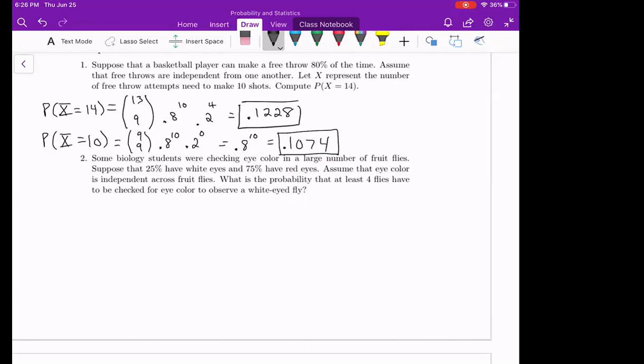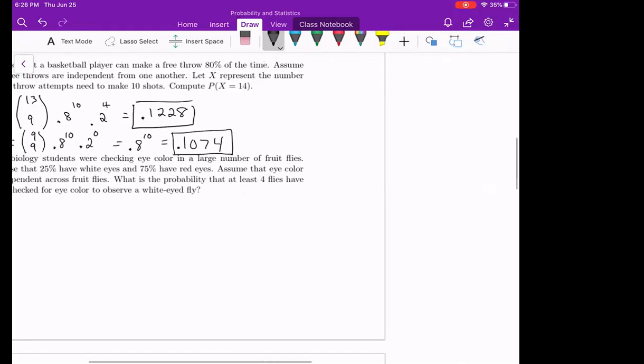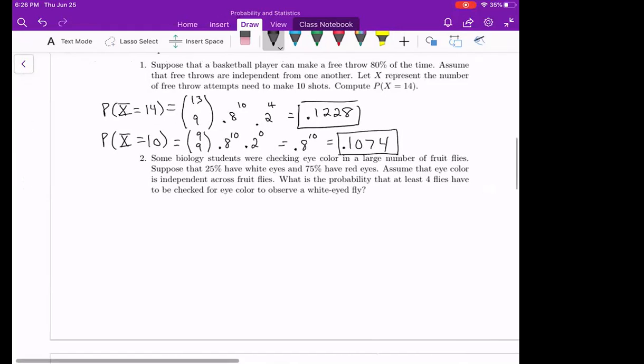So the way this is written is that it's hard to come across a white-eyed fly, and the first one is red, the second one's red, the third one's red, the fourth one is a success, white. So this is implying the time to the first success, which is geometric.